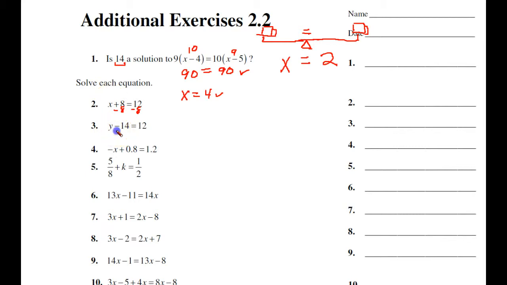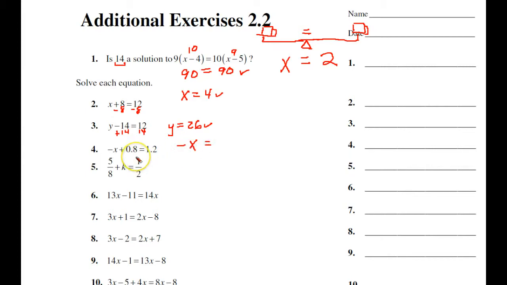Now here we're going to add 14 to both sides. And we get y equals 26. And then here I'll do this one out because this is a negative x.